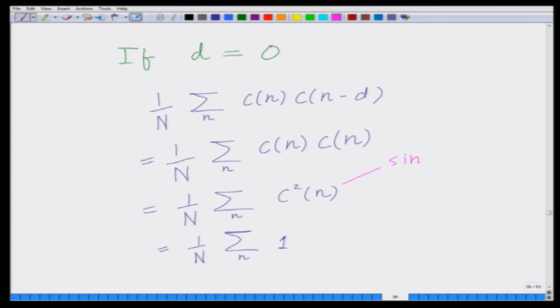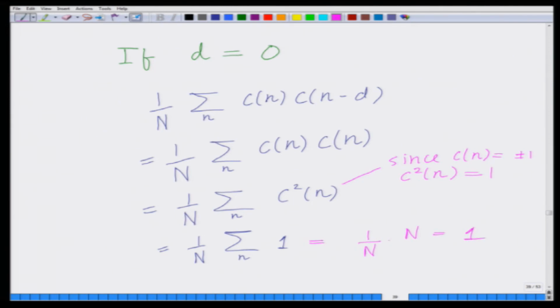So, I will write the reasons. Since Cn equals plus or minus 1, C square n is equal to 1, so 1 over N times the summation of 1, N times, is equal to N over N, which is equal to 1.